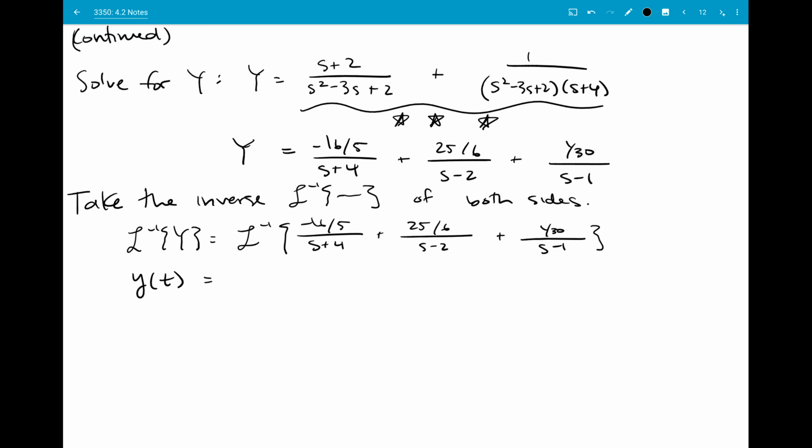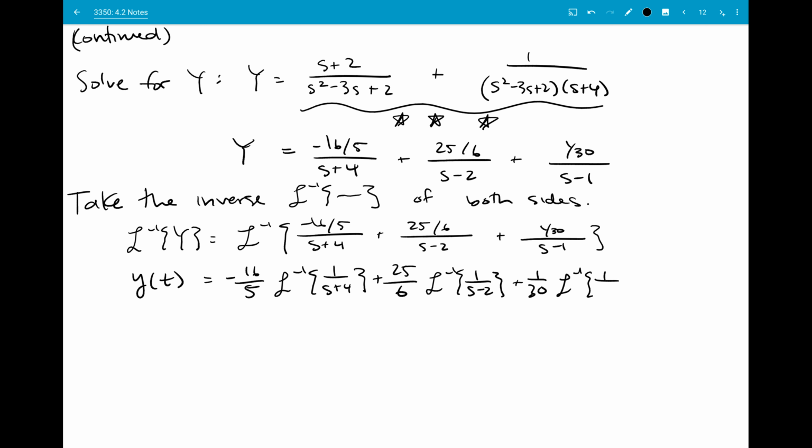And then linearity tells us that this is minus 16 over 5 L inverse of 1 over (s plus 4), plus 25 over 6 L inverse of 1 over (s minus 2), plus 1 over 30 L inverse of 1 over (s minus 1). Linearity.